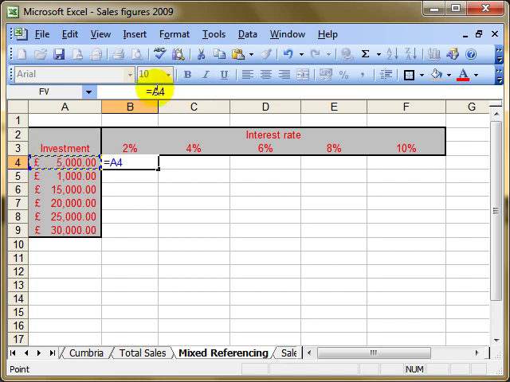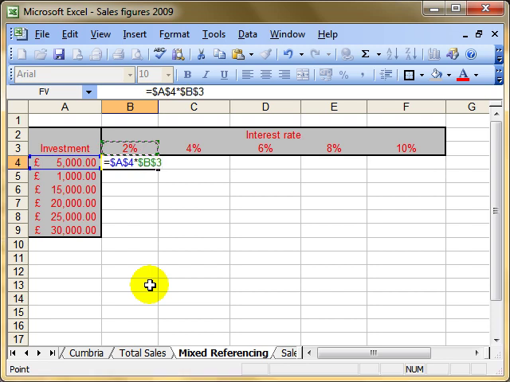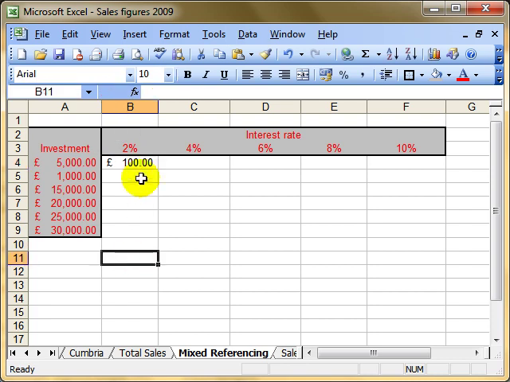You can type the dollar signs in, or you can just press the F4 key and it converts your relative cell reference to an absolute cell reference. So we've got an absolute cell reference for A4 multiplied by B3, make that absolute by pressing the F4 key and make that happen. This is going to be better.